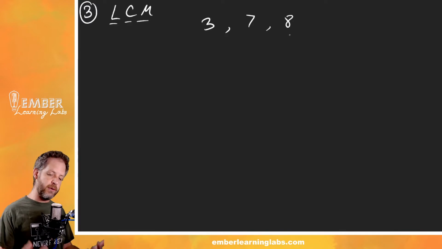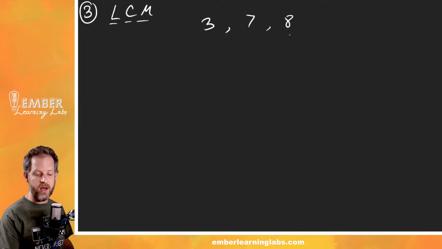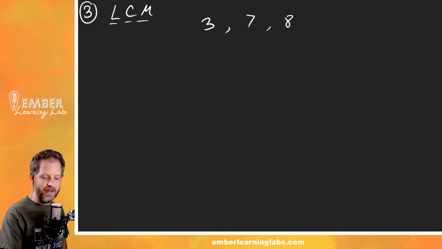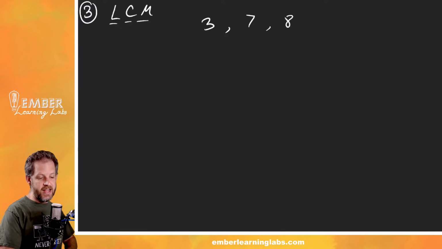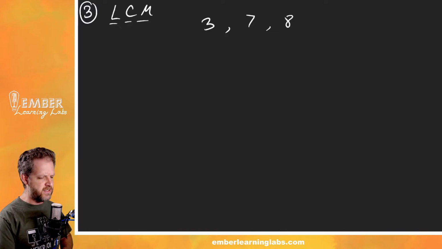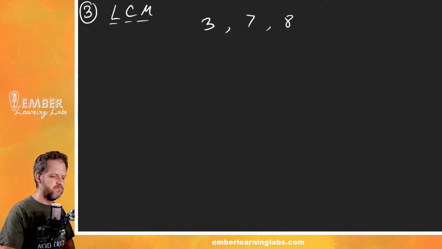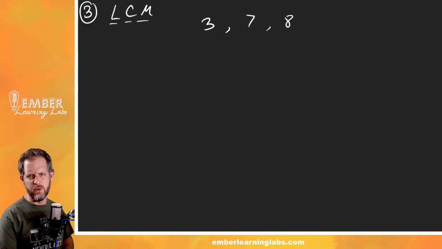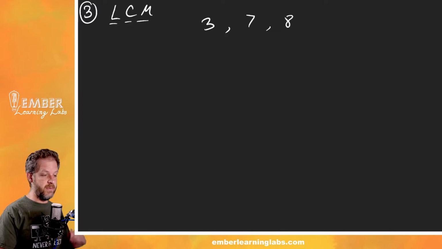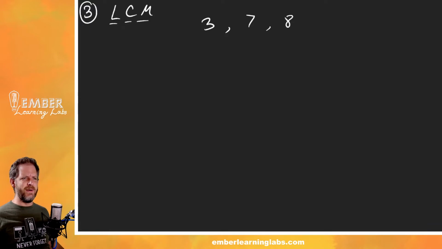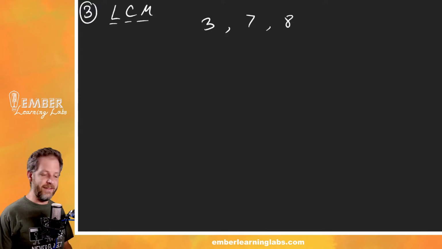Now, if you've got your multiplication facts memorized really well, you might see that the answer is not 24. In my brain, it was 24, but that's not going to work. This is going to be a bigger number than what I was anticipating. Anyway, let's do it.